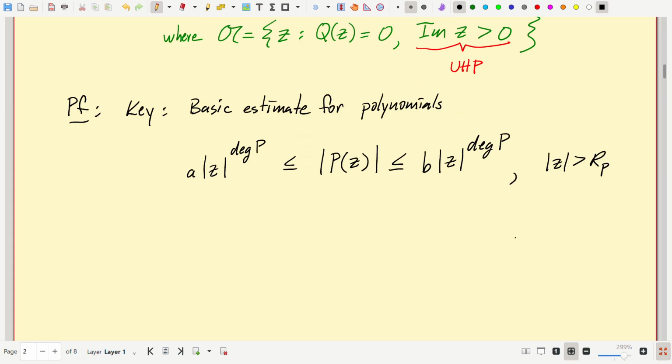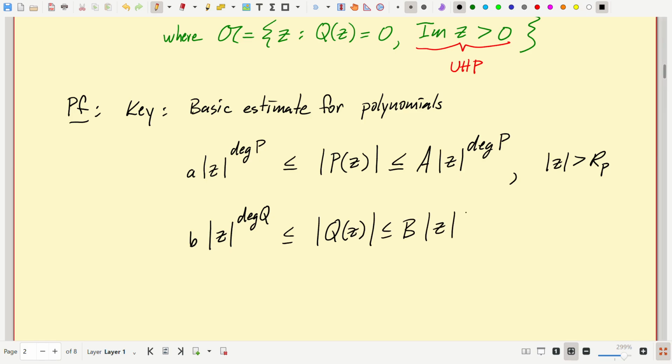And we have a very similar one. I guess here's what I want to use. I want to use a little a, big A, little b. I'll use the same thing for q. I'll use a big B over here, z to the degree of q.